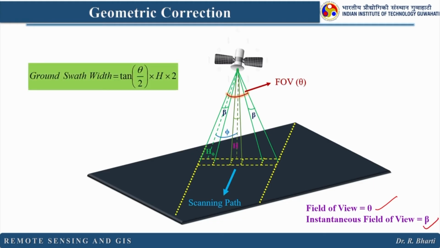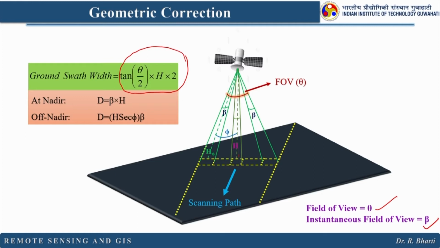To calculate the ground swath width, you have to use this equation: 2 tan(theta/2) times h, where h is the altitude of the satellite. At nadir, d equals beta times h, but off nadir, d equals h sec(phi) times beta. This is how your pixel size will vary if your sensor is looking at some angle, while in the case of vertical photographs this error will be minimum.